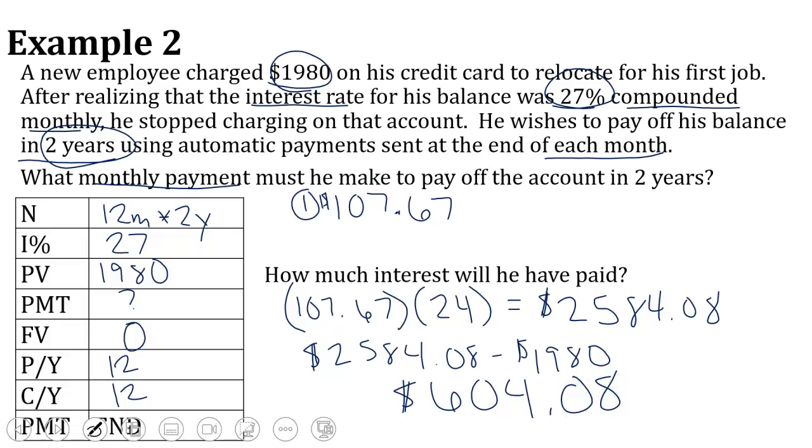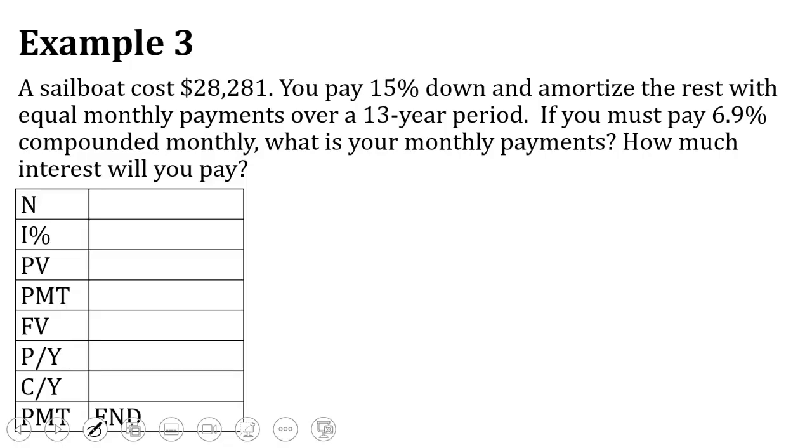That is interest. The last problem we're going to look at: a sailboat costs $28,281. You pay 15% down and the rest each month over a 13-year period. If you must pay 6.9% compounded monthly, what is your monthly payment?